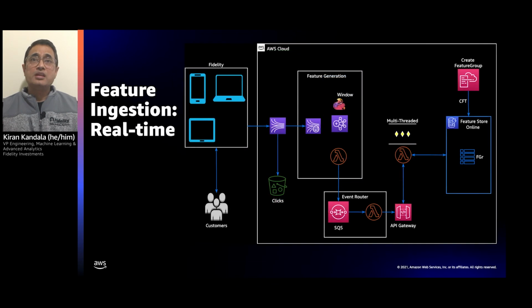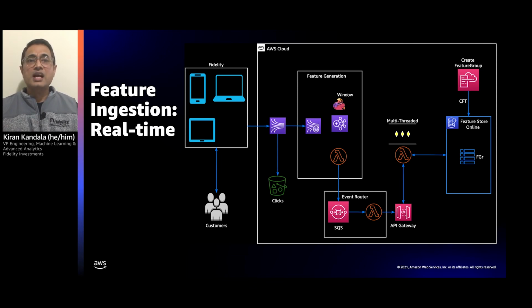Now that we have seen how features are ingested into the online feature store in batch mode for a high volume use case, let's see how we are doing the same thing in real-time mode for a high velocity use case. In real-time mode, we ingest hundreds of features that are generated on a stream of data arriving from various digital channels.